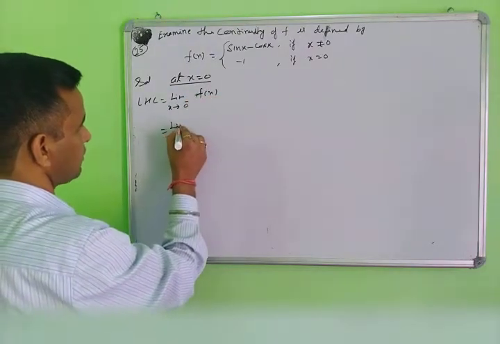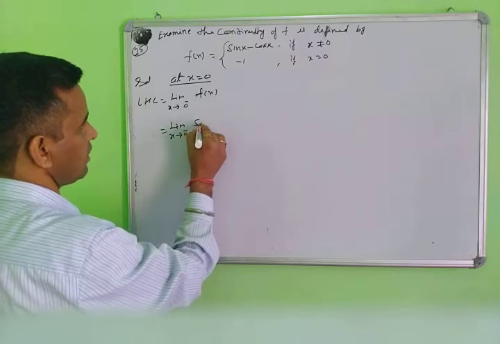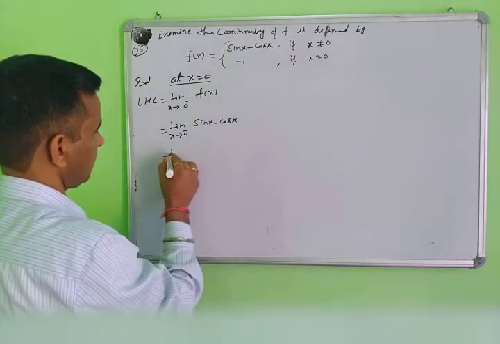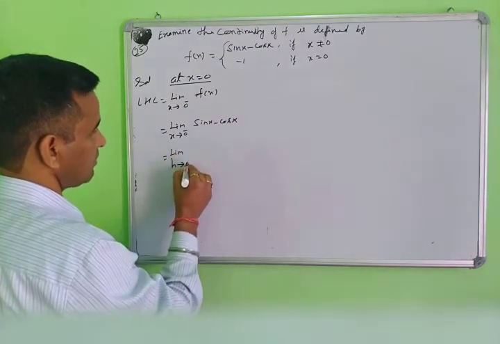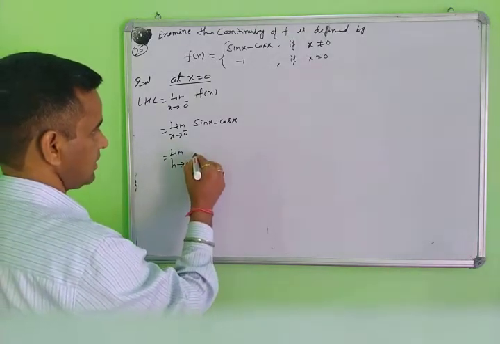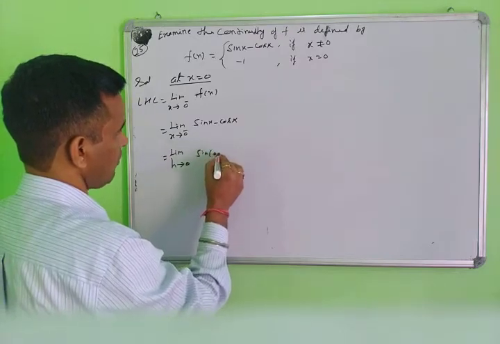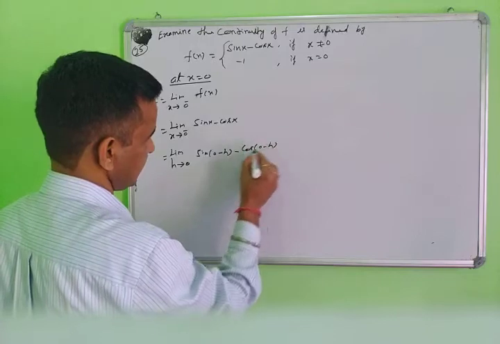Now the limit as x tends to 0 from the left side of sin x minus cos x. Left side means we approach the origin, so we take sin of 0 minus h and cos of 0 minus h.